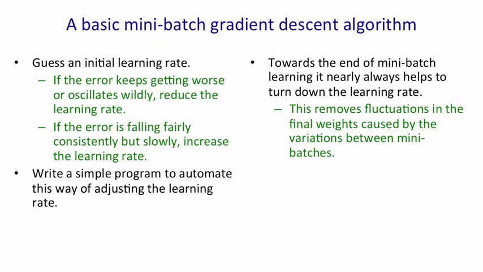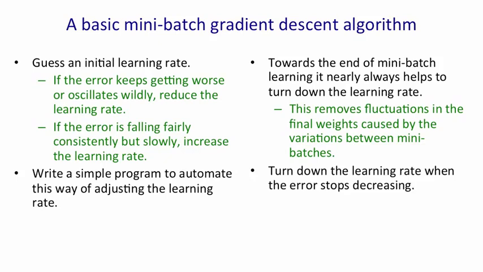So when you turn down the learning rate, you're smoothing away those fluctuations and getting a final set of weights that's good for many mini-batches. So a good time to turn down the learning rate is when the error stops decreasing consistently. And a good criterion for saying the error stopped decreasing is to use the error on a separate validation set. That is, it's a bunch of examples that you are not using for training, and also they're not going to be used for your final test.